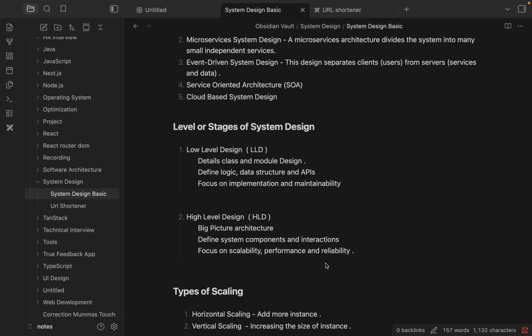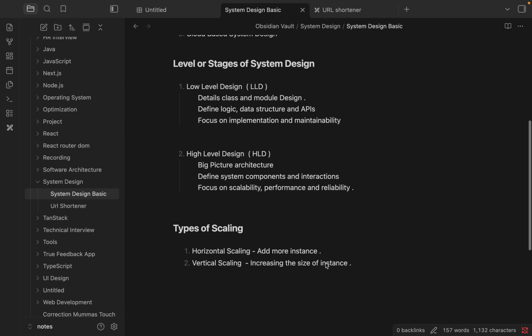We can say the small components, and how a small component is going to react. In the high level design, it is the big picture. We read how, at a large scale and in the overall scenario, it is going to work.